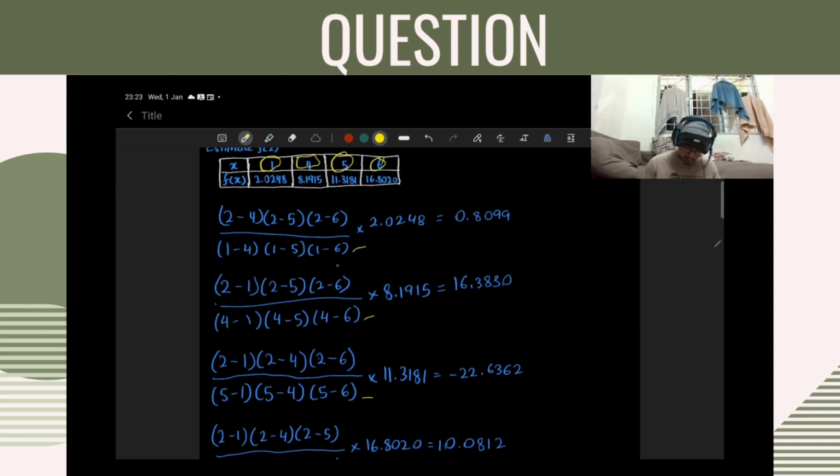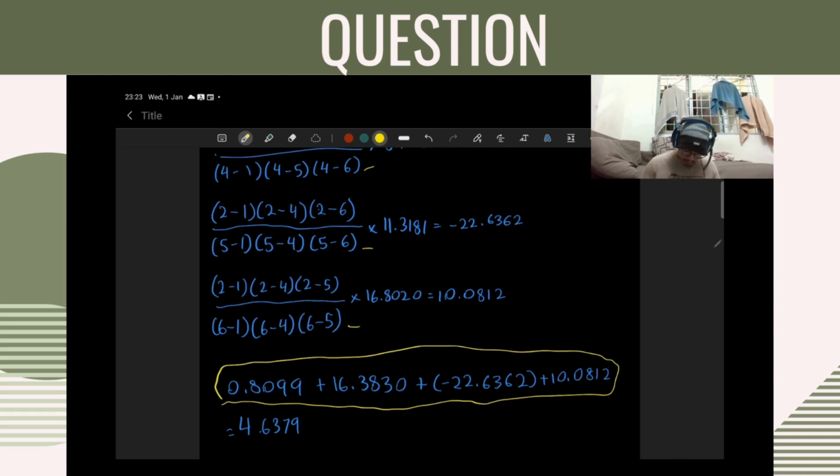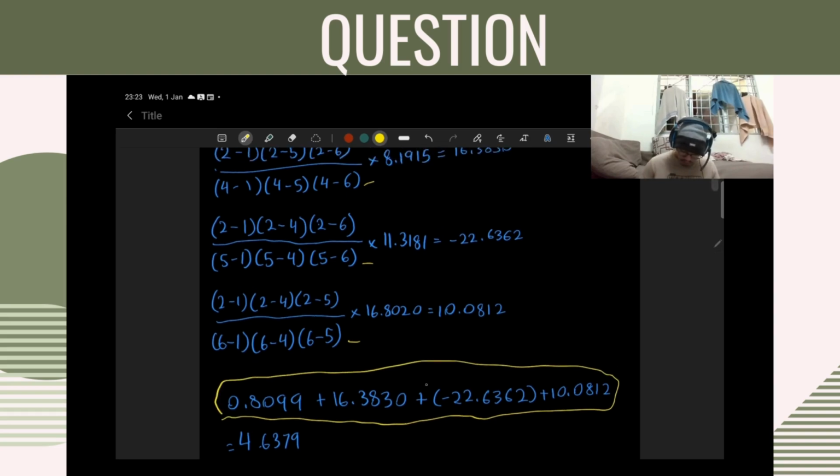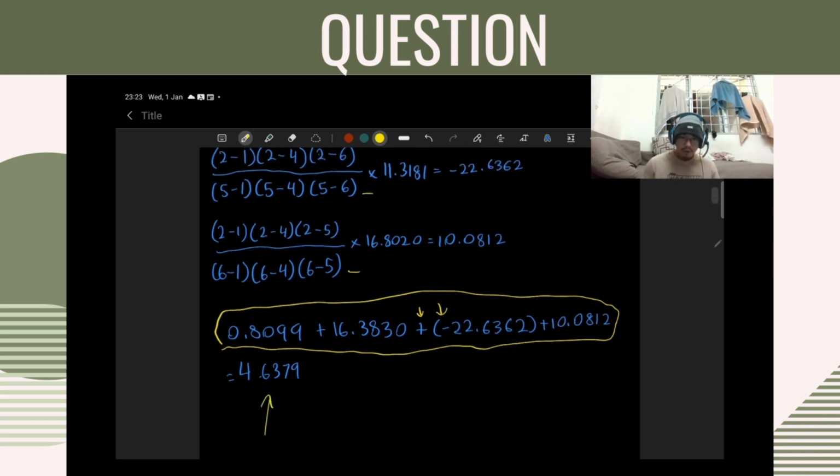So you calculate all of this and get the answer, and then you gather all of it together and add it all. So here we got plus, minus, which is equal to minus, which when calculated, the final answer will be 4.6379. So yeah, that's it. That is your Lagrange interpolation.